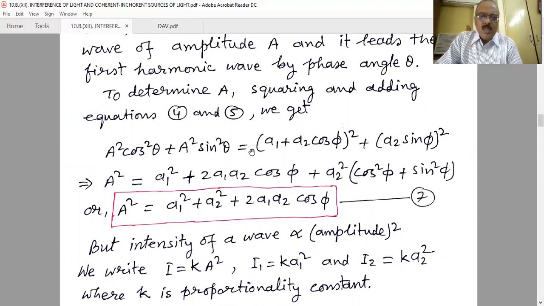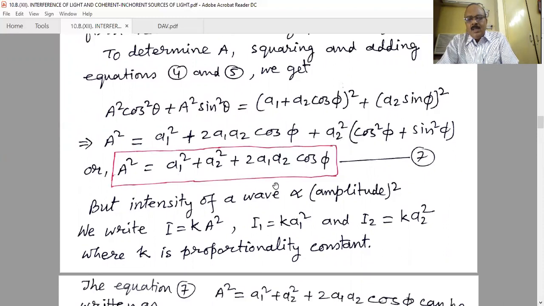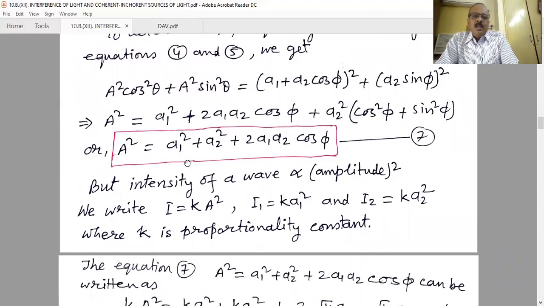Therefore, A square is equal to a1 square plus 2 a1 a2 cos phi plus a2 square cos square phi, and if we take a2 square common, cos square phi plus sin square phi is nothing but 1. That means A square will be a1 square plus a2 square plus 2 a1 a2 cos phi. Therefore, A will be root over a1 square plus a2 square plus 2 a1 a2 cos phi.